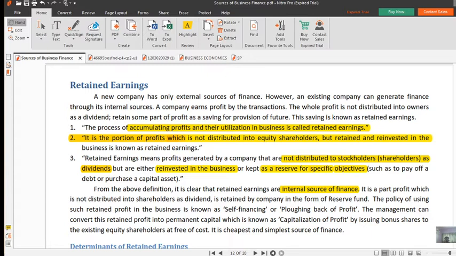So from this video lecture we cover what is meant by retained earnings, what are the determinants of retained earnings, the concept of retained earnings, definitions of retained earnings, advantages of retained earnings, and disadvantages of retained earnings. So in this video lecture I am trying to cover only meaning, definition and determinants of retained earnings.